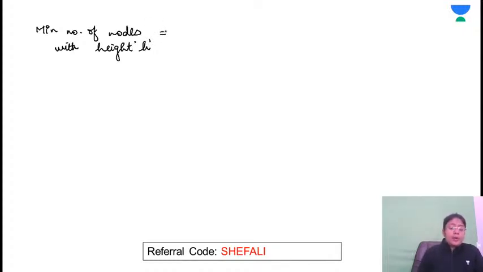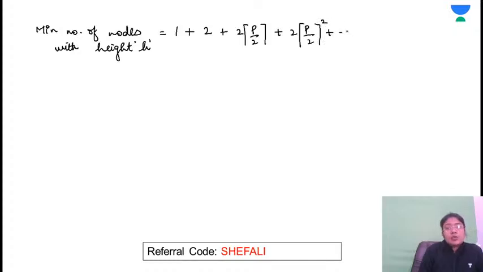Minimum number of nodes with height h will be equal to, what will be the minimum number of nodes? It's the sum of all the nodes at height 0, height 1, height 2, height 3, and so on up to height h.